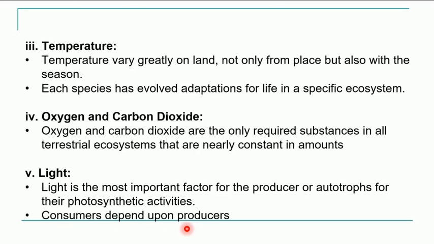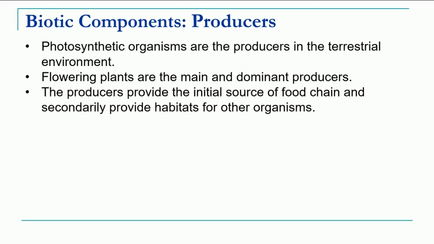Now we move to the biotic components. The first important biotic component is producers. These are all the photosynthetic organisms, including plants as well as photosynthetic bacteria. But in the terrestrial ecosystem, flowering plants are the most dominant producers, and they provide the initial source of food for the subsequent members in the food chain.